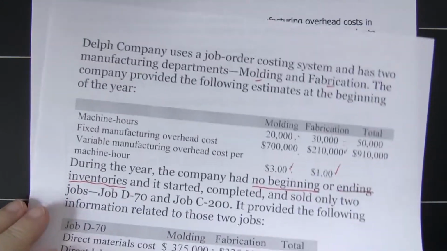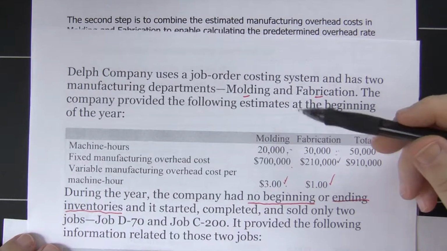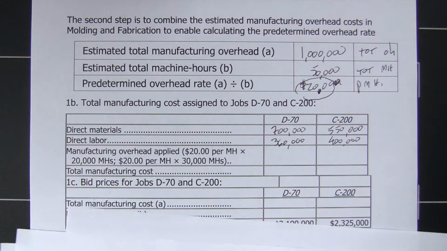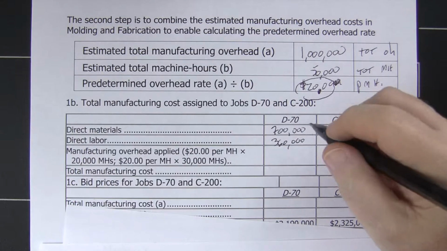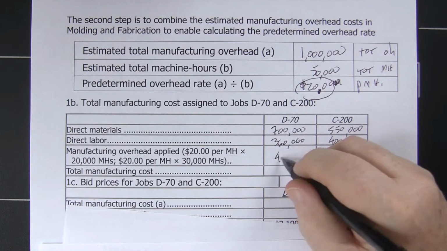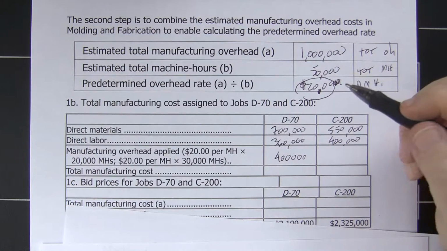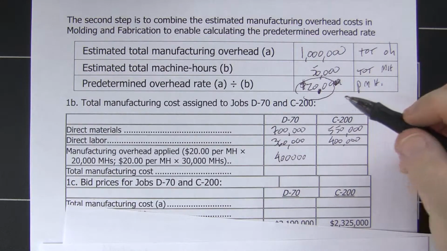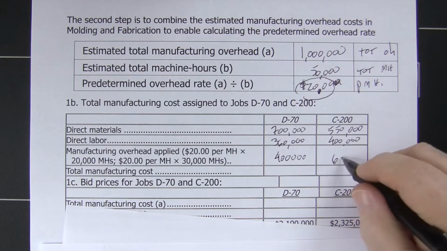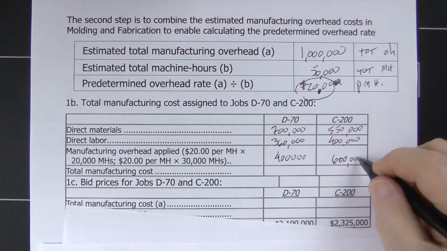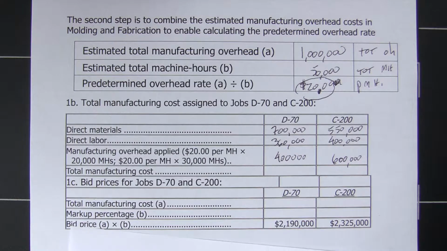That's 400,000 for D70, and $20 per hour times 30,000 is 600,000 for C200.